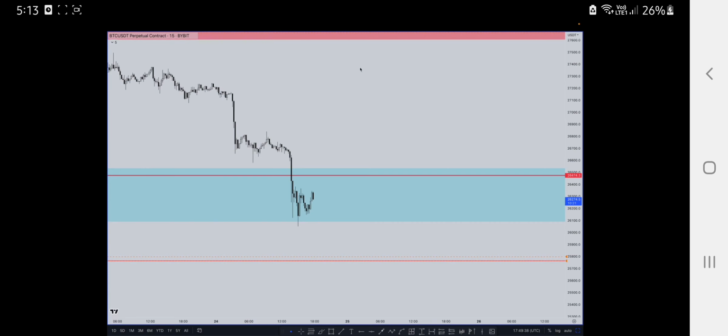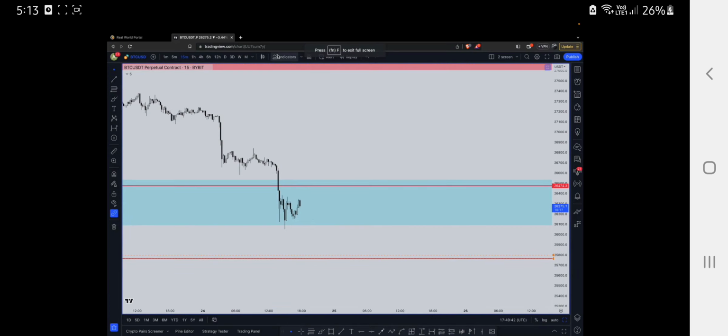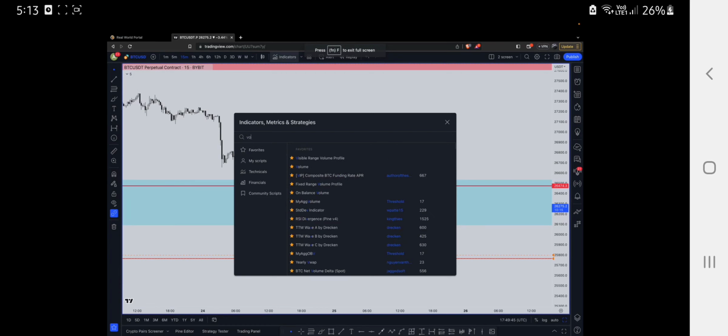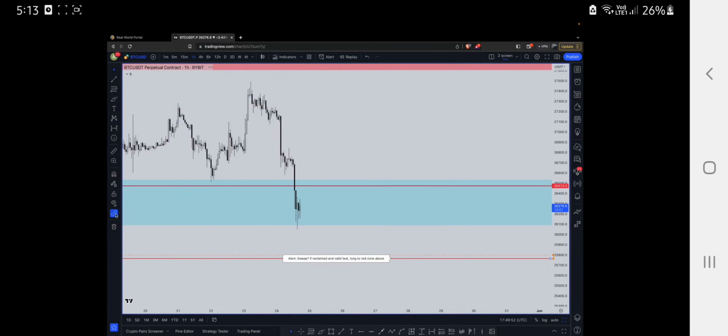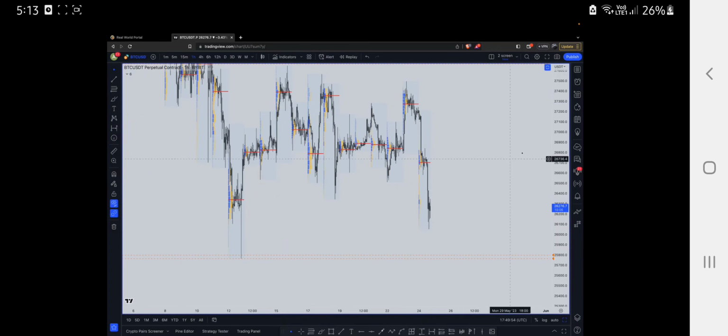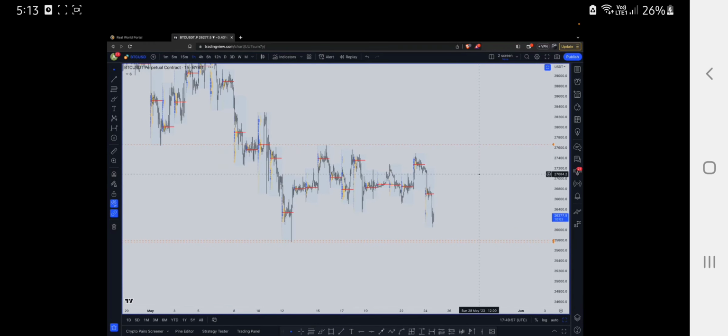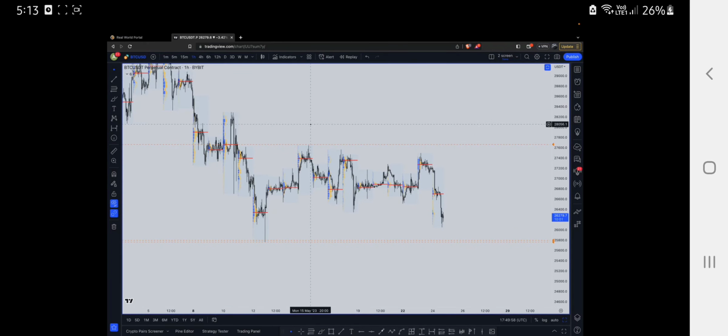Weekly point of control, says Legend Jet. I haven't looked at volume profile in a while, so let's do that. Session volume profile. Go to a 1 hour chart. Oh, wait, you're saying weekly point of control?